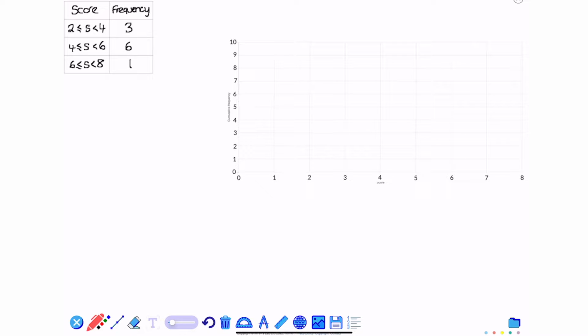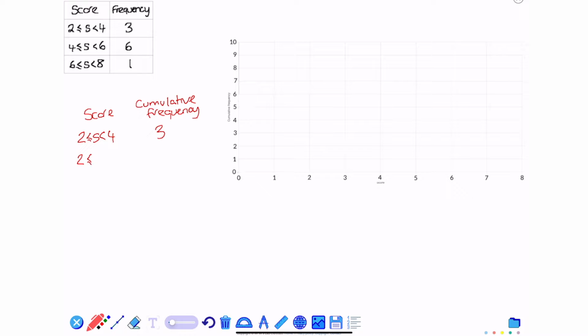So for the score from 2 to 4, I can see that if I was going to accumulate the frequency, the frequency is 3.